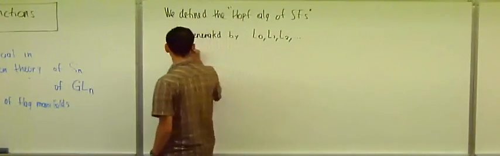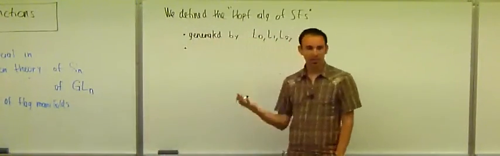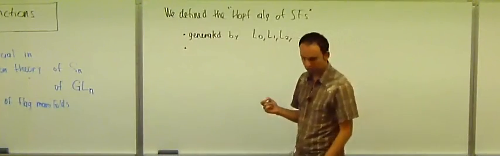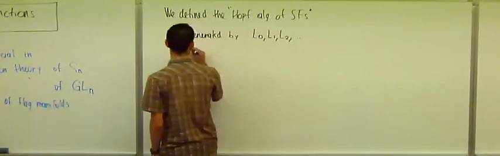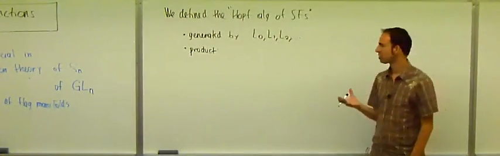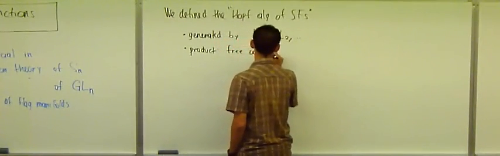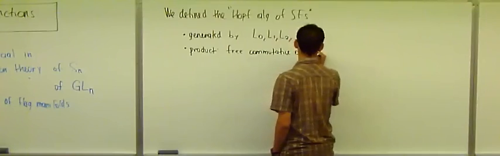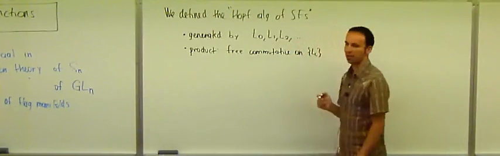Now, if I want to define a Hopf algebra, I need a product and a coproduct. And so we said that the product on these guys is what we call the free commutative product. On these Li's.